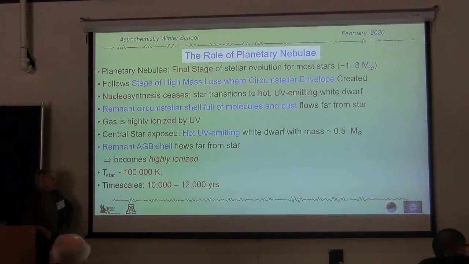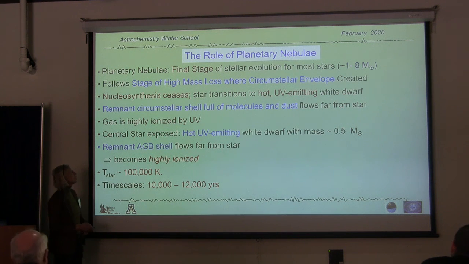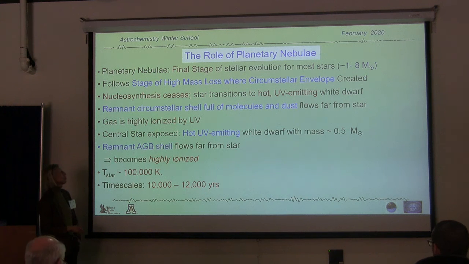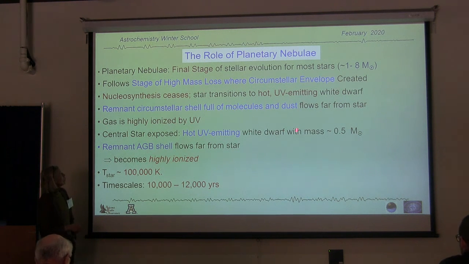So, yesterday I showed you some HR diagrams of the evolution of most stars, 1 to 8 to 10 or so solar masses. And planetary nebulae are the final stage of stellar evolution for most of these stars.